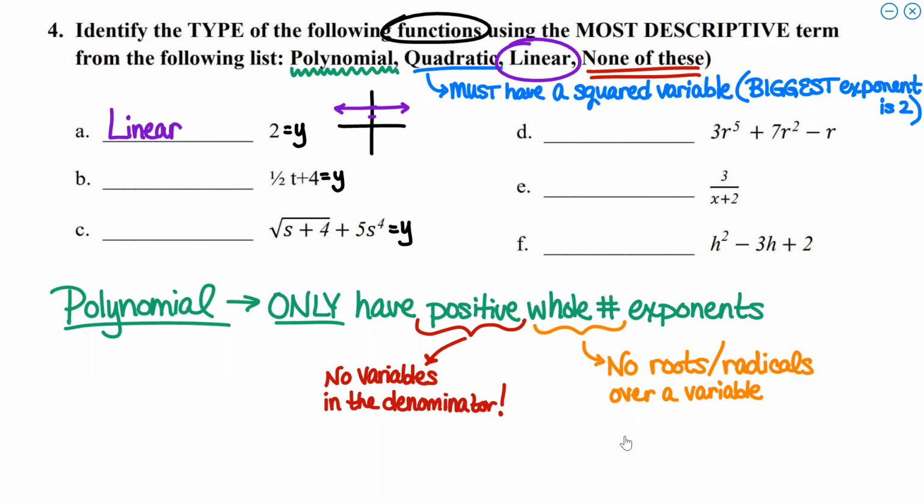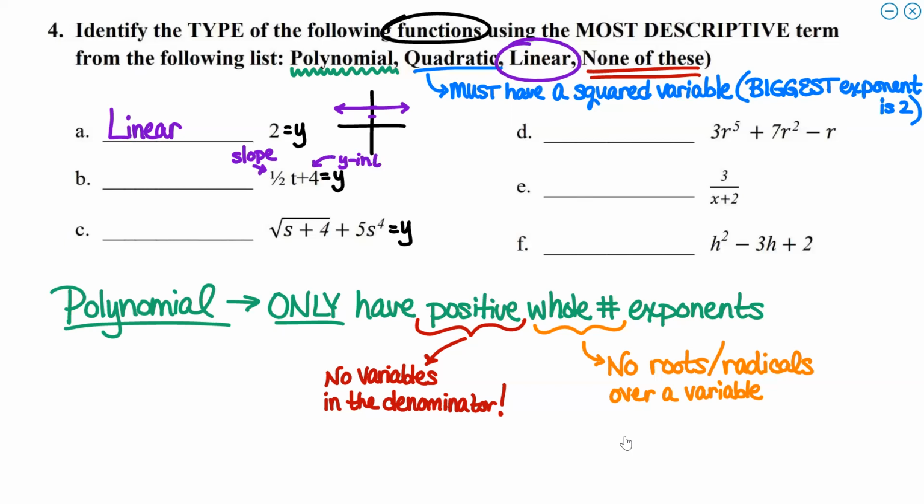Could this be linear? Does it have a slope? Does it have a y-intercept? Yes. What is my slope? 1/2 is my slope. What is my y-intercept? 4.